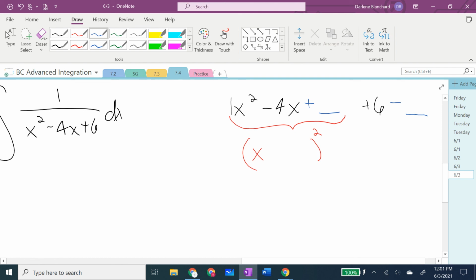Are some of you seeing that completing the square actually isn't that much work? Good. So my b term is negative 4, divide by 2, and square that number. And completing the square is done.